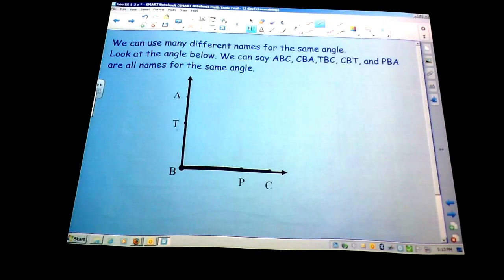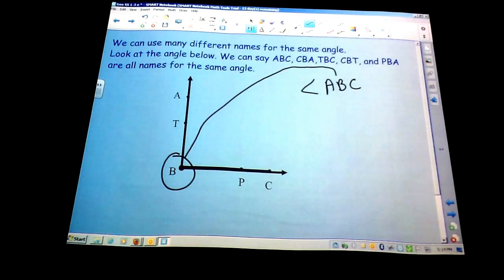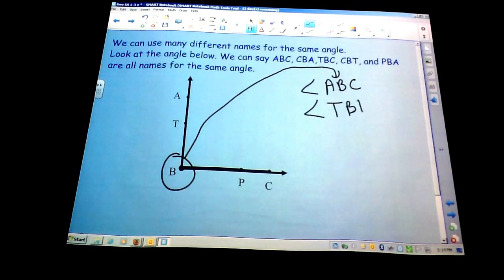Alright, now we have a new diagram here, and notice that we have 2 points along one of the sides or rays that form the angle, and we have 2 more points along the other side. So there are many ways to name this angle. So we could name it angle ABC. Using this point, we've got to use the vertex in the middle. We could name it angle TBP.